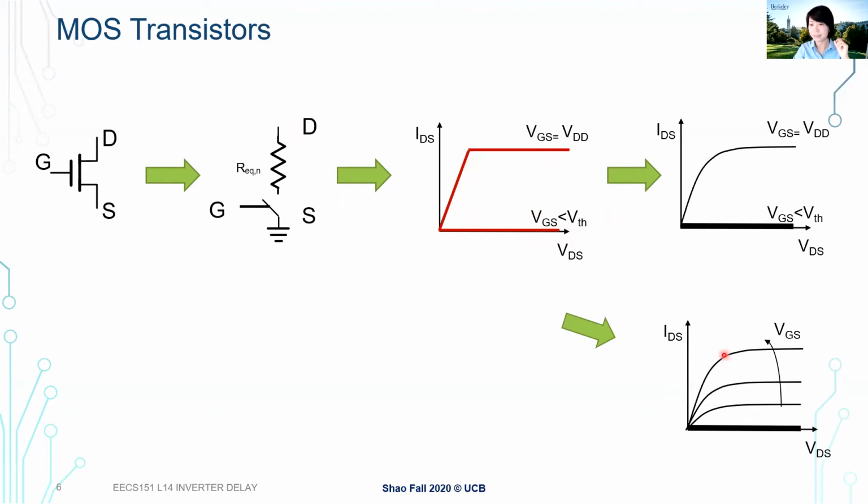If you focus on the linear region, that's very similar to the variable resistor that we saw earlier, right? So different gate voltage gives you different resistance of your MOS transistor.